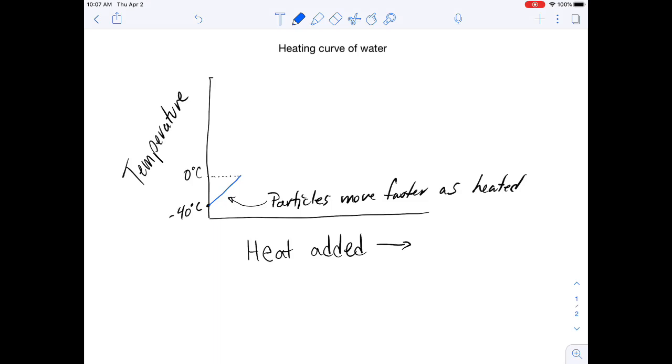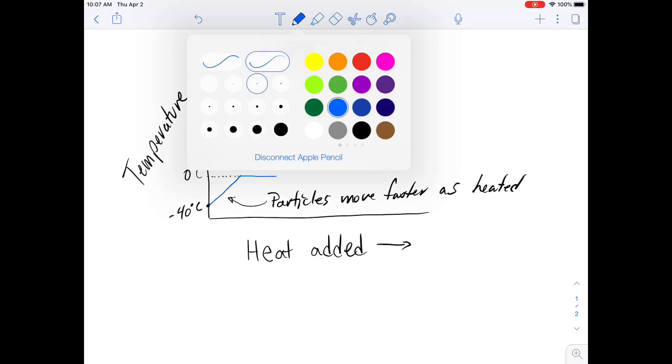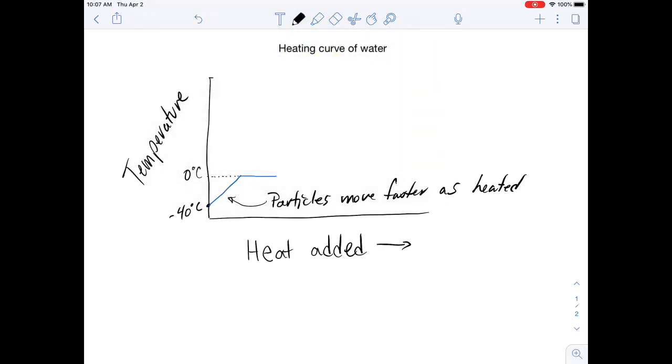So at 0 degrees Celsius, it takes a bunch of heat to break the particles apart. So the particles aren't moving further apart anymore. What's happening in this section is that particles move at the same speed. So they are moving at the same rate, but as you're adding that energy, they're going to get more freedom.